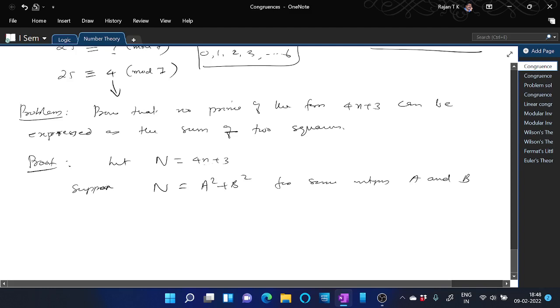Now 4n is an even number always, since it is a multiple of 2, and 4n plus 3 is clearly an odd number. So this N is an odd number. Here N we have written as a square plus b square, so a square plus b square must be odd.